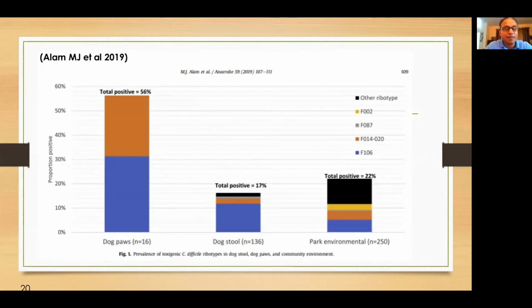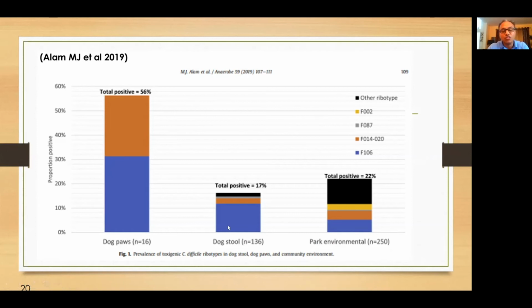Here is another table on prevalence of toxigenic C. difficile ribotypes in dog stool, dog paws, and community environment, meaning dog parks. So here you can see, although the sample number is very limited, we have found dog paws were positive for 56% of the samples.